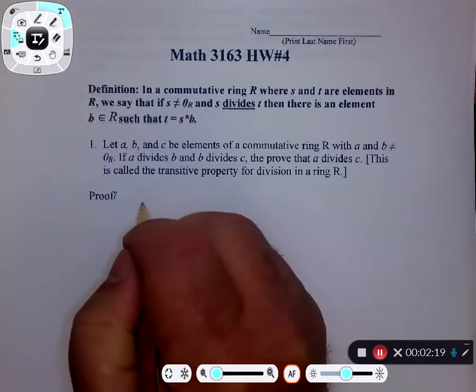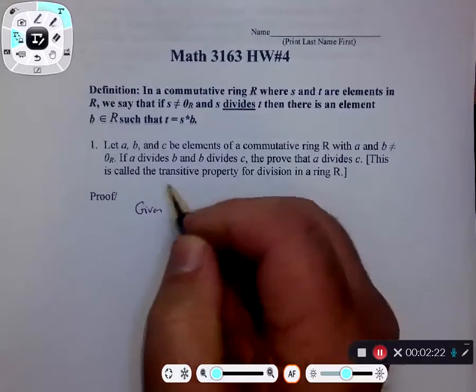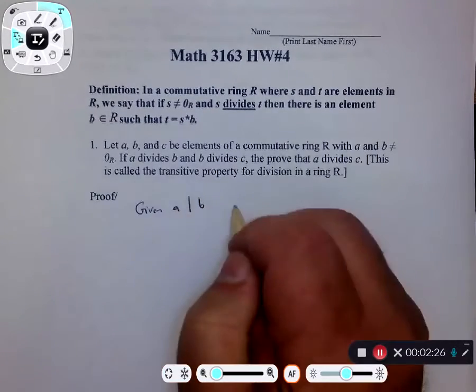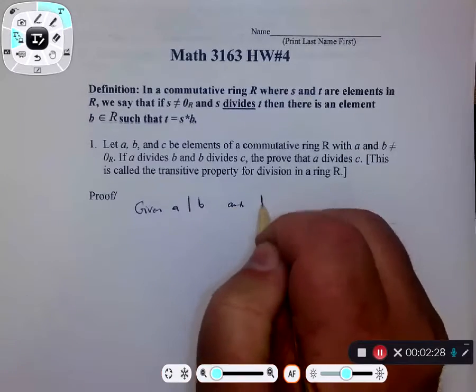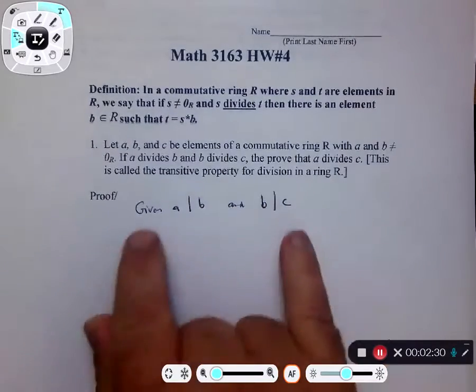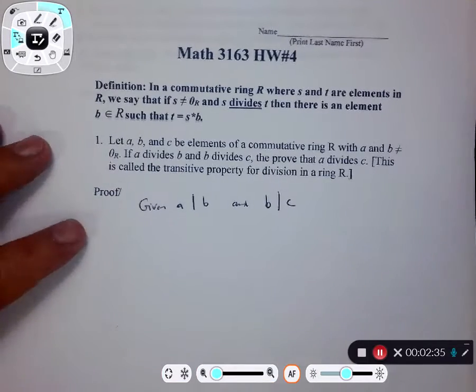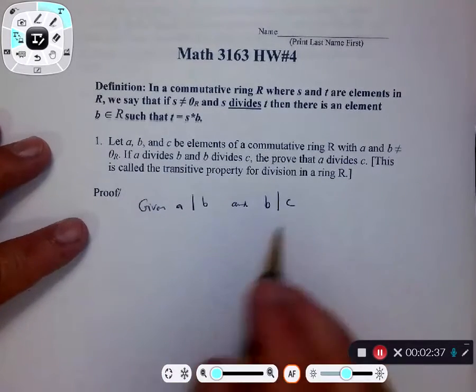You start off your proof with the givens. You're given that A divides B, and you're given that B divides C. Now remember, this is my scrap sheet of paper, so this is not my proof. This is my want-to-show thing. This is what we're given, and what do we want to show?